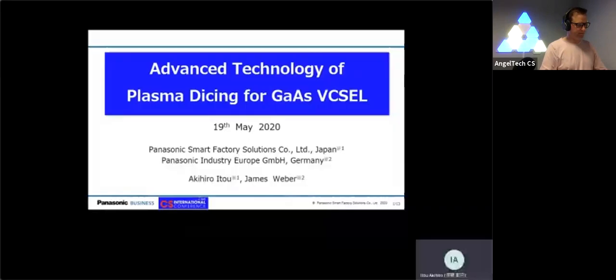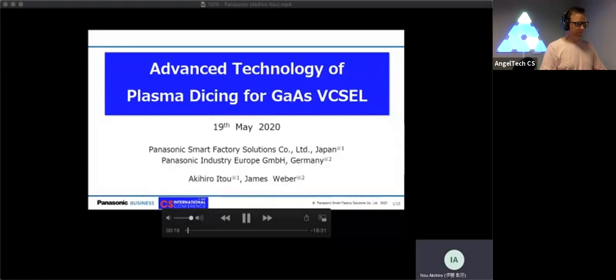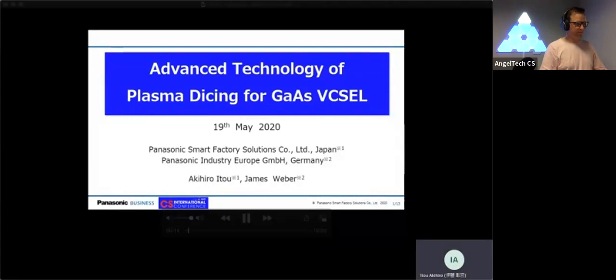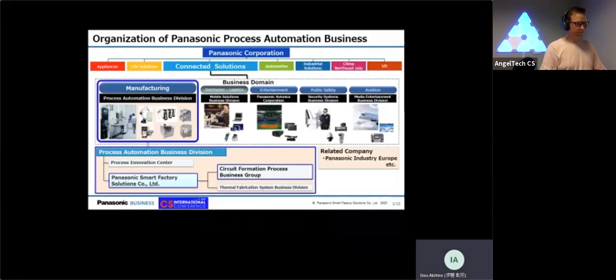My name is Akihiro Ito. I belong to Panasonic Smart Factory Solutions company in Osaka. Today, I'd like to talk about the advanced technology of plasma dicing of gallium arsenide VCSEL. First of all, I would like to explain Panasonic Smart Factory Solutions company, to which I belong.